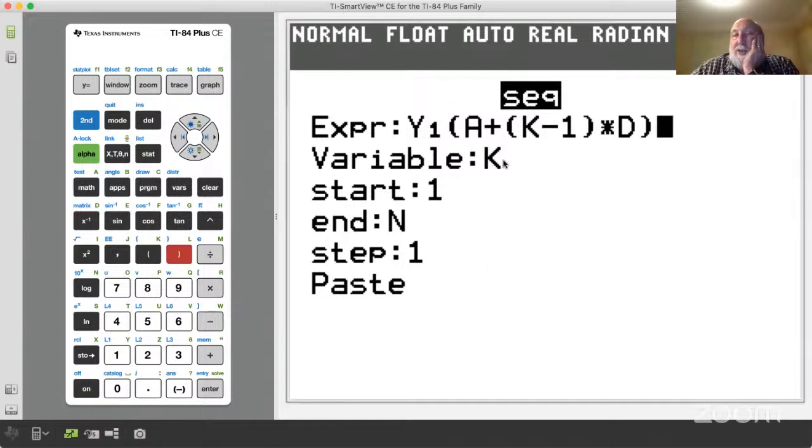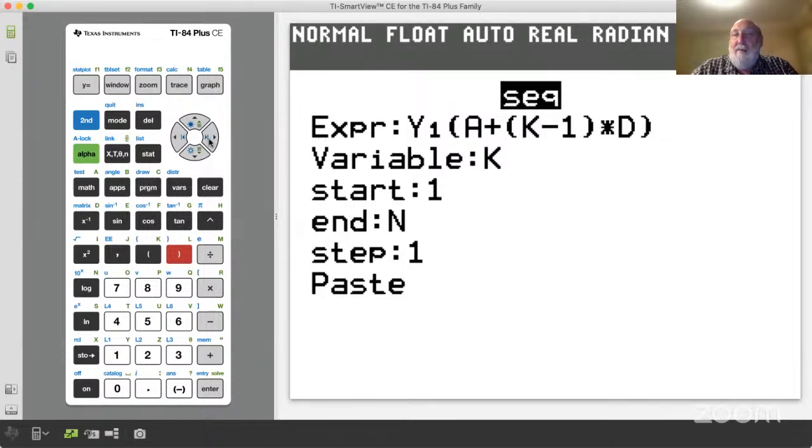So I just want you to notice, when k is equal to 1, my first value will be a plus 1 minus 1 times d. Well, 1 minus 1 is just 0. So my first value will be a. What happens when k equals 2? Well, I'll get a plus 2 minus 1 times my delta x. So that'll be the next left endpoint. And when k equals 3, I'll be to the next one. So it'll just count through those.